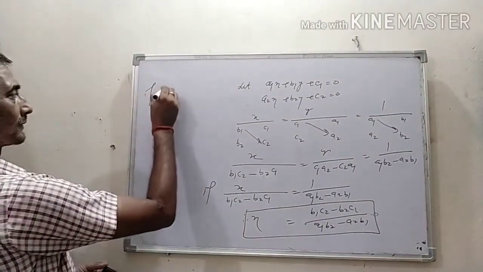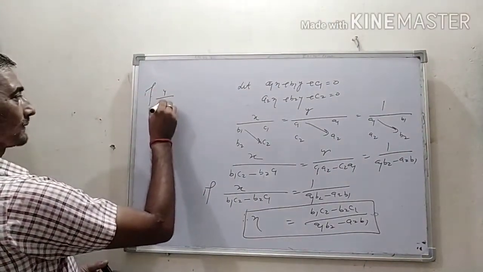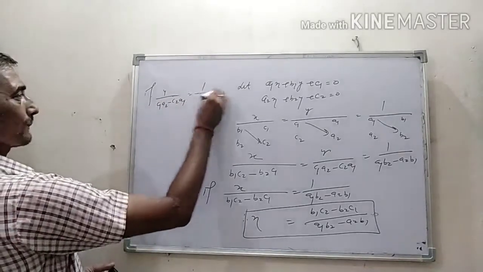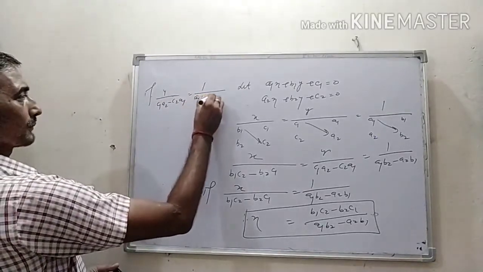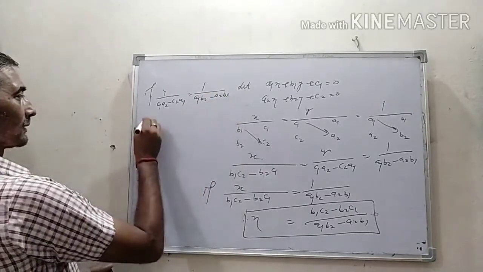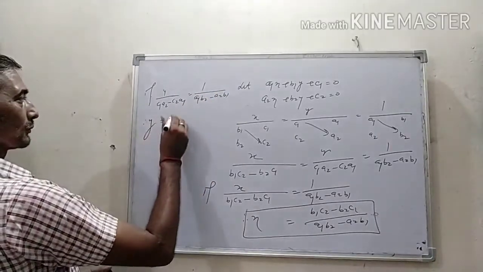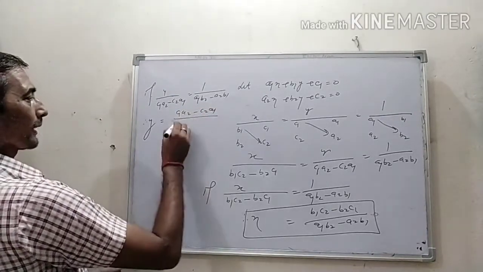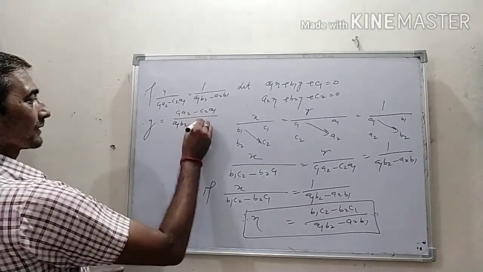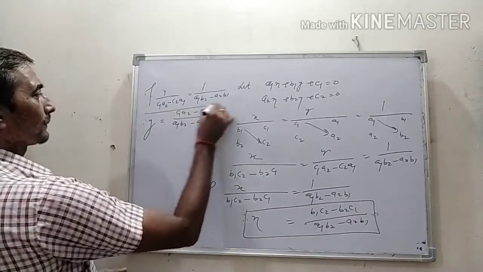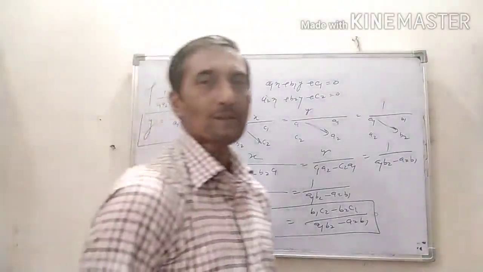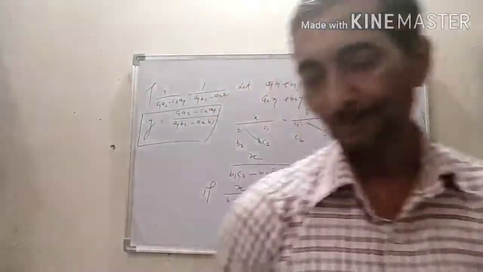And if y upon c1a2 minus c2a1 equals 1 upon a1b2 minus a2b1, therefore y is equal to (c1a2 minus c2a1) upon (a1b2 minus a2b1). By this you can find the value of y.